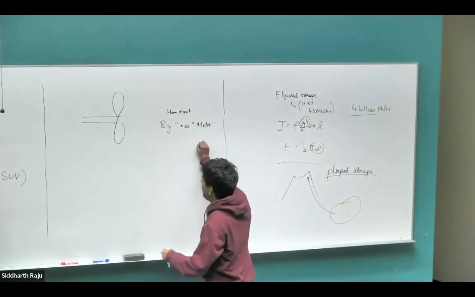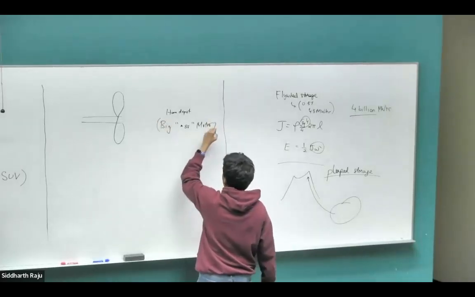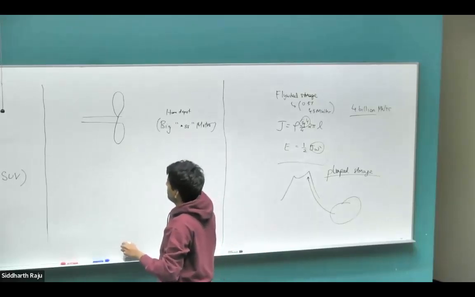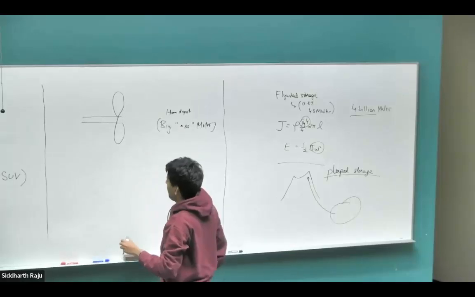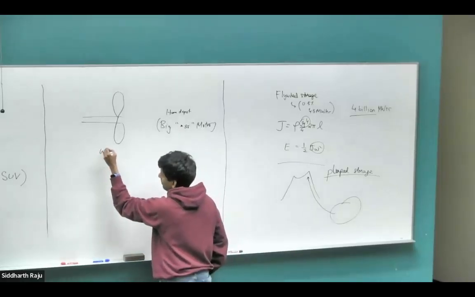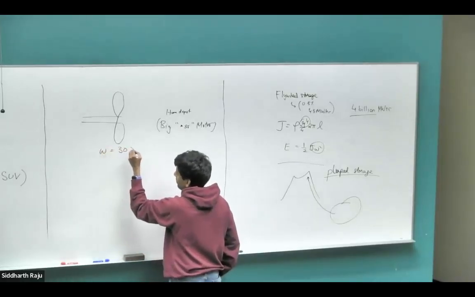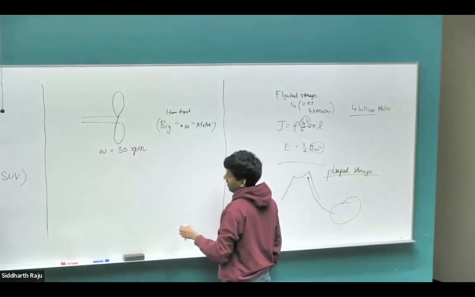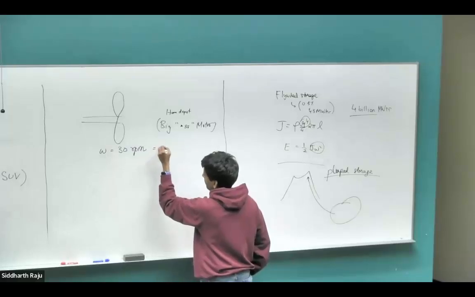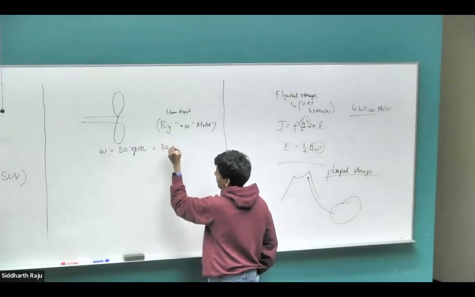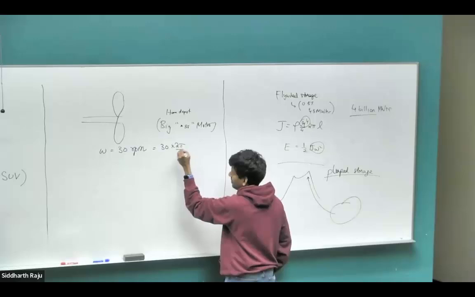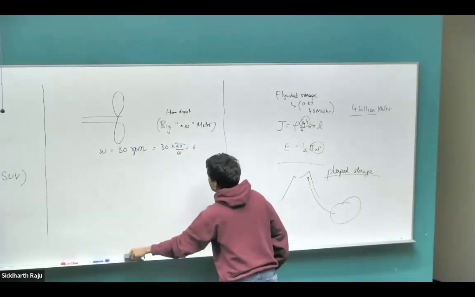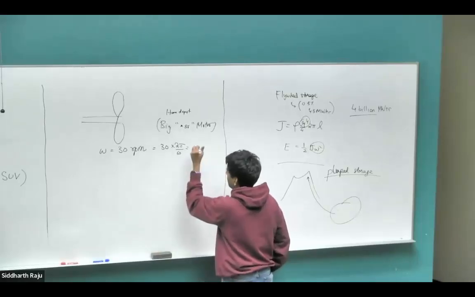Right? And last time I was in IKEA a couple of years ago, I counted how many rotations this fan makes in a minute, and there were 30 rotations per minute. We like to keep things in SI units, so that is going to be 30 times 2 pi divided by 60, which is equal to 3.14 radians per second.